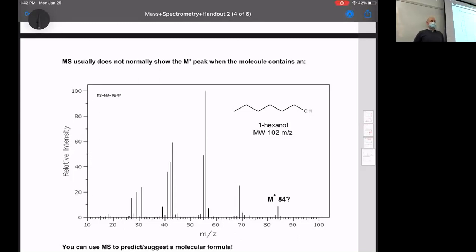So remember what we're doing is we're just randomly shooting molecules with electrons and we get what we get. And what we get is the most stable of the possible positive charges that come out. Turns out when you're shooting these alcohols, it's far more likely, far more being like 100% more likely, for you to remove the OH and a neighboring hydrogen than it is for you to split off an electron of a CH bond.